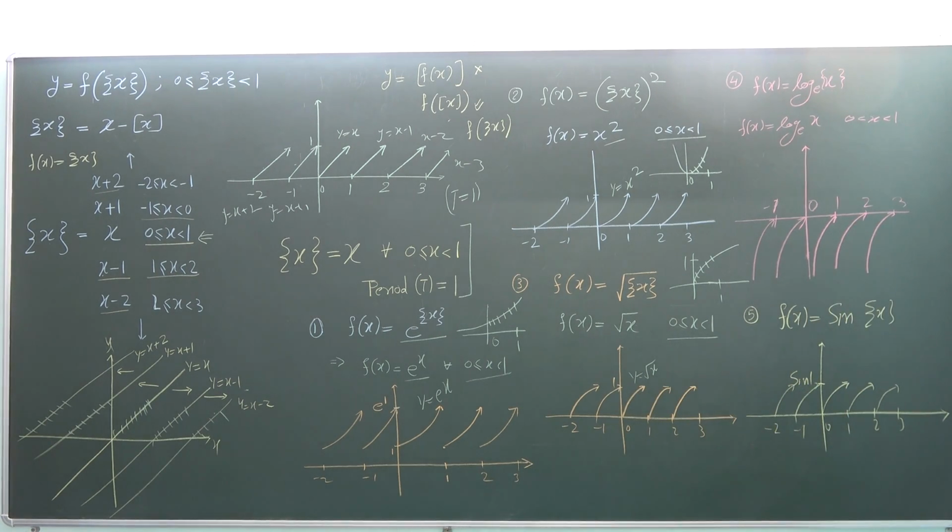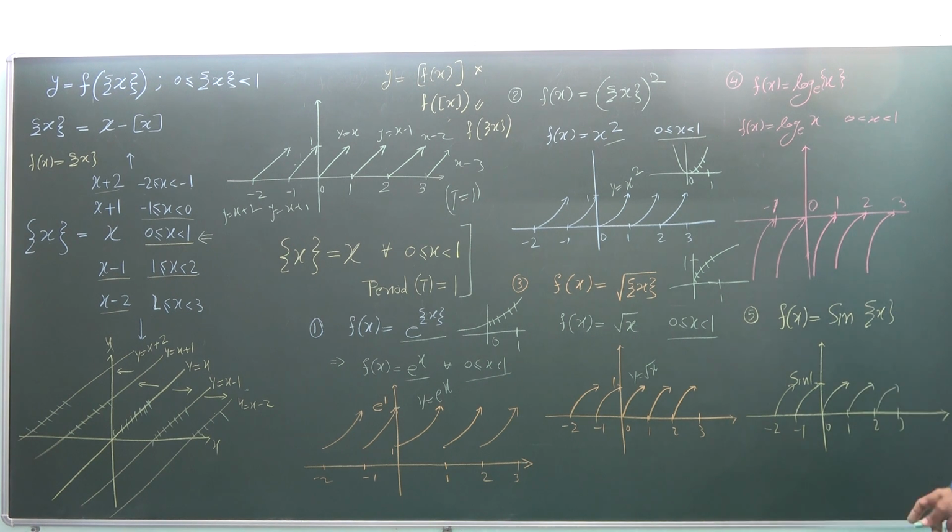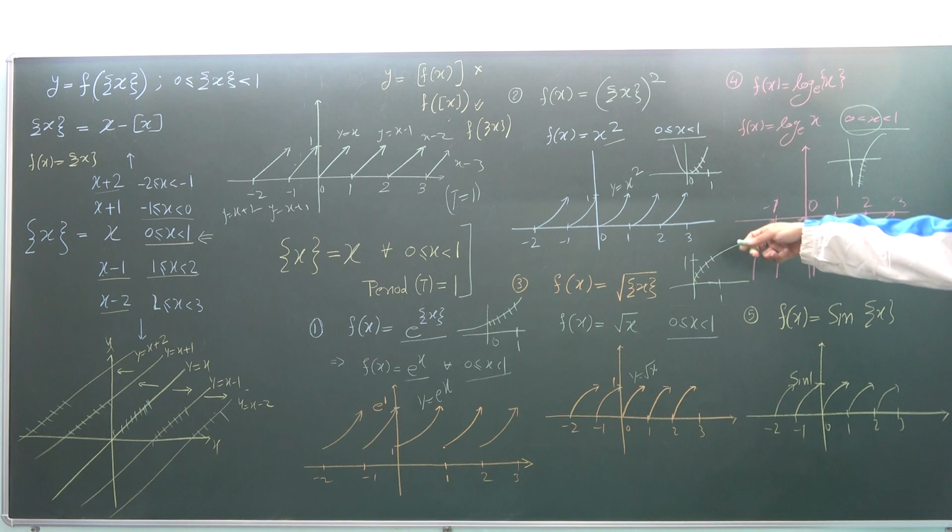Suppose my graph is f of x equals log of the fractional part of x. Again, this equals log of x between 0 and 1. However, one change is that x cannot be 0. Draw log x, retain this particular part and then erase everything else, and the period is 1. Now this is interesting.